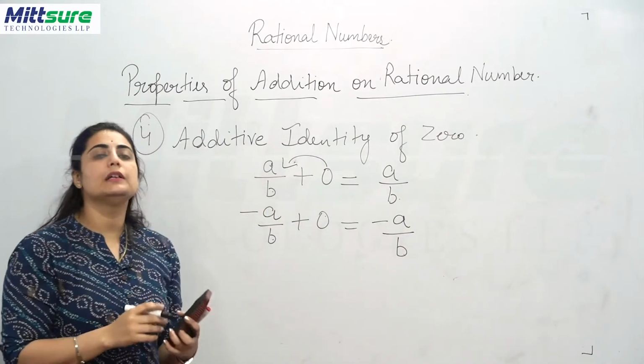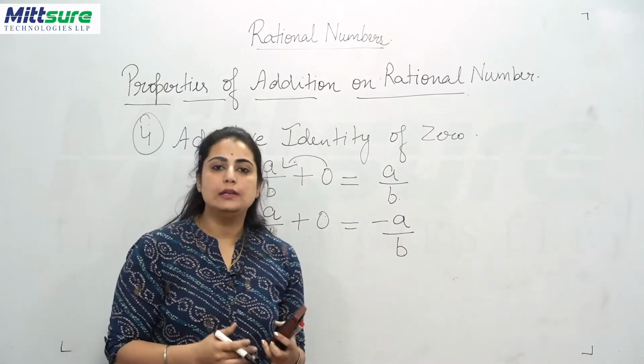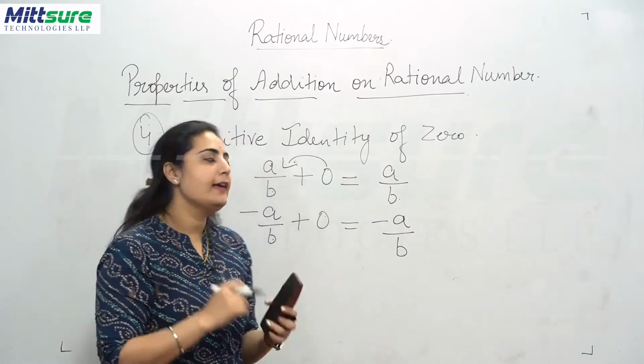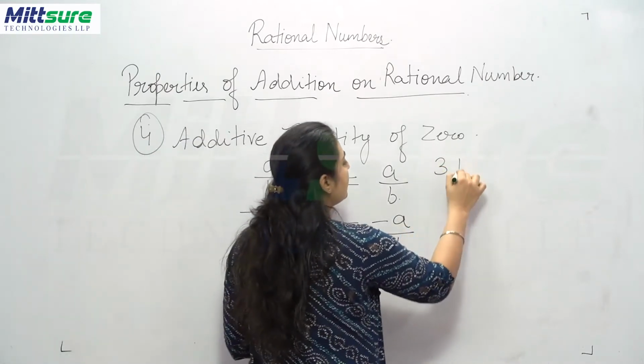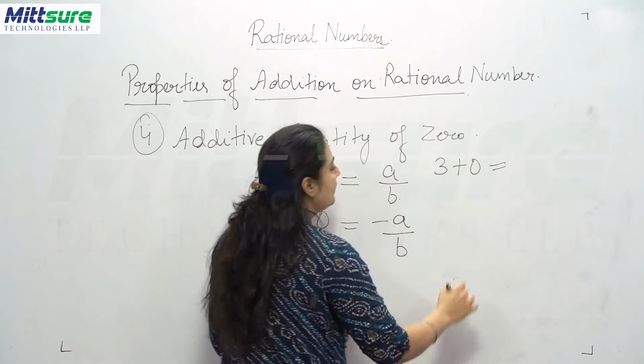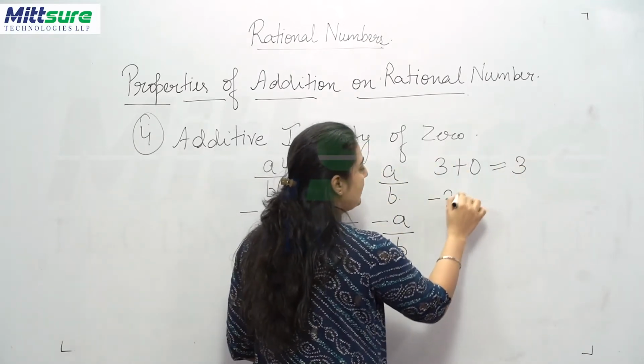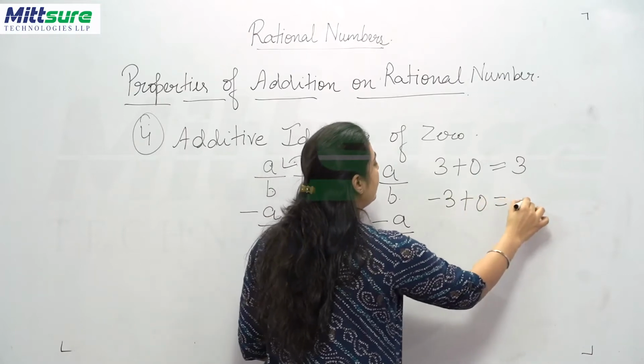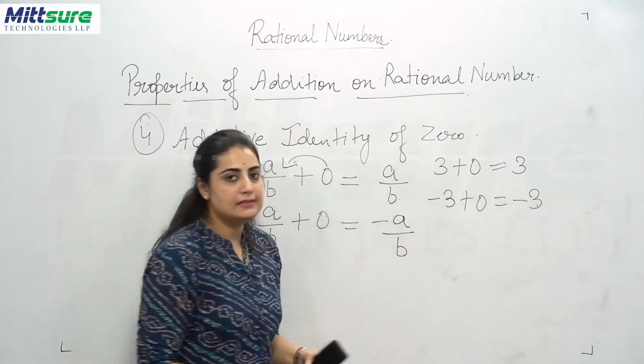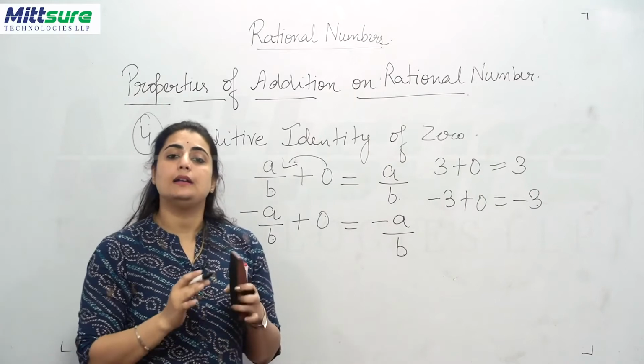It is quite similar to the concept of whole numbers and integers, where if suppose 3 plus 0 are added, the sum remains 3. If minus 3 plus 0 are added, the sum is minus 3. That means the number itself.